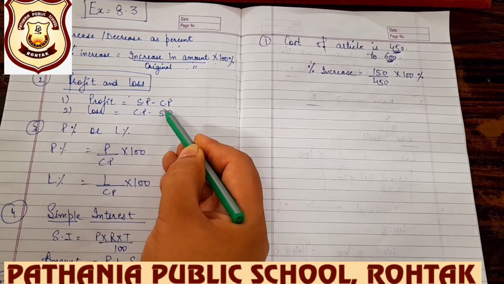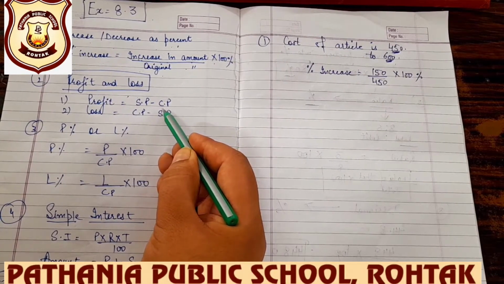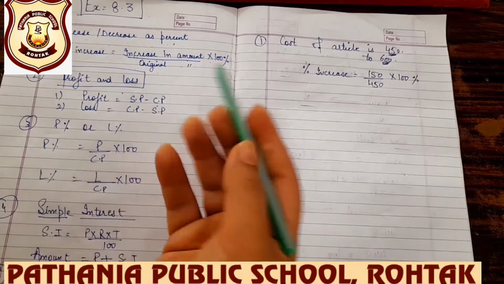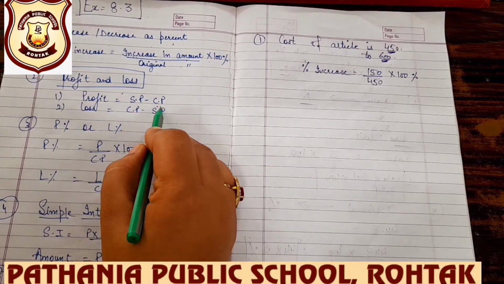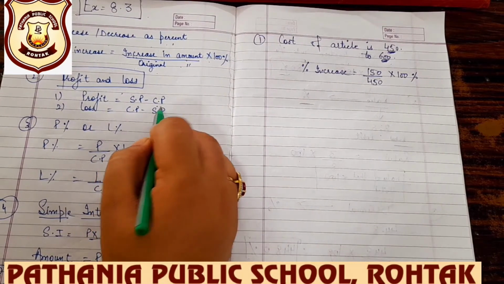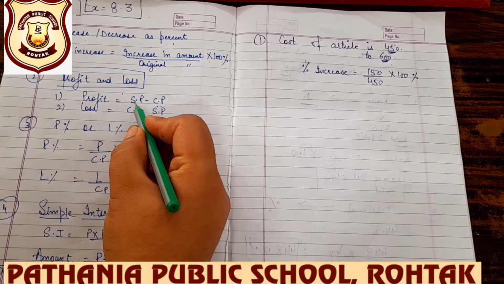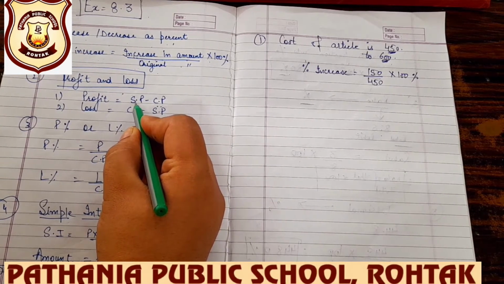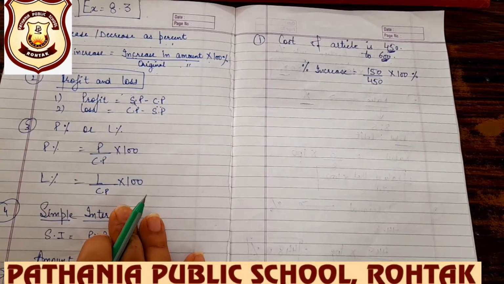CP of an article means the amount you have spent to purchase something, or you can say bought price. For how many rupees you bought something, that is the CP of an article. Now what is SP? Full form of SP is selling price. The amount you get after selling that product, that article is called sold price.